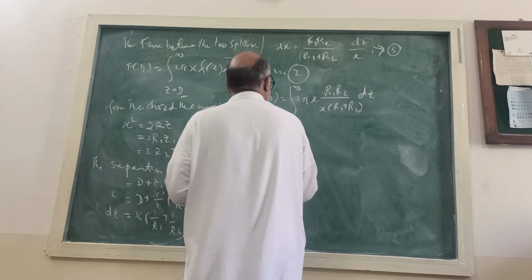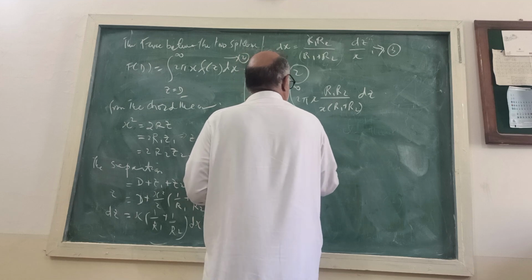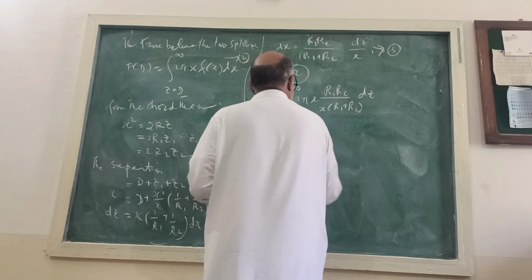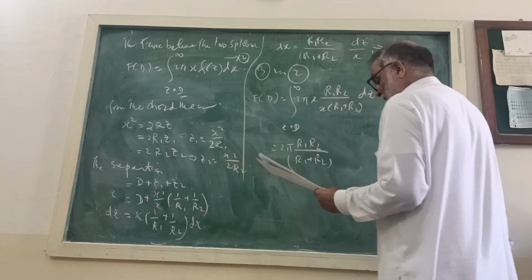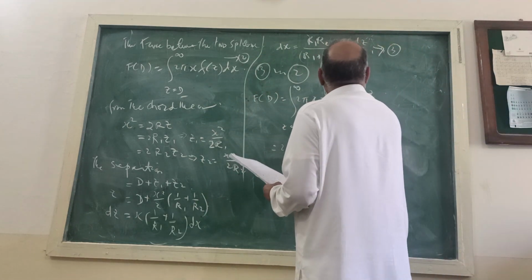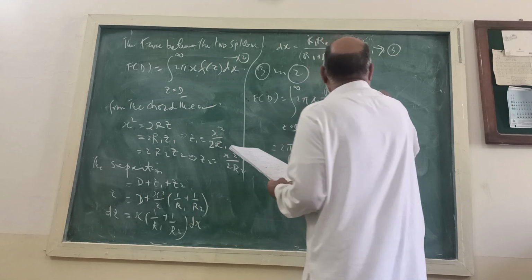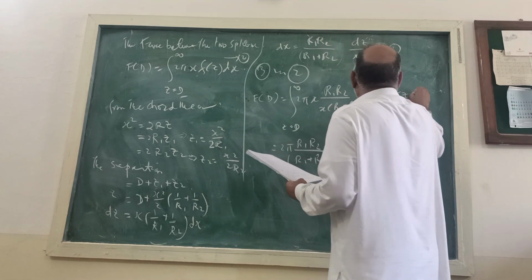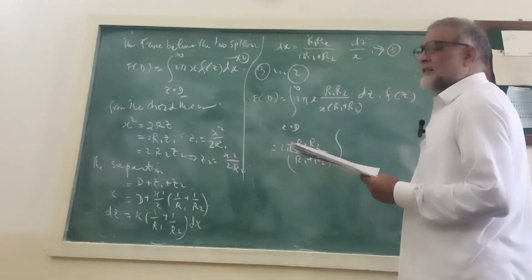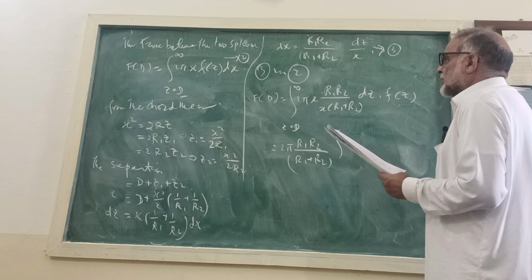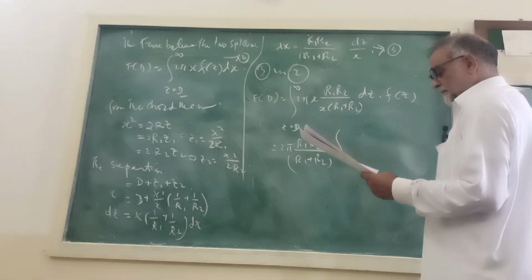So x cancels, right, and we get what? 2 pi r1 r2 divided by r1 plus r2 f of z, which will still be equal to f of z. Per unit area, interaction energy, force, right?